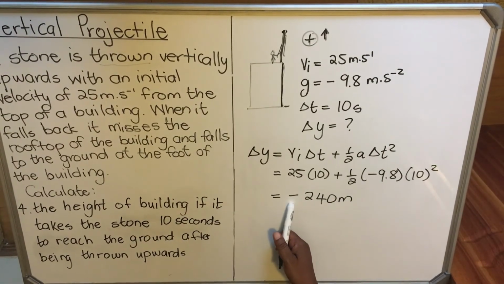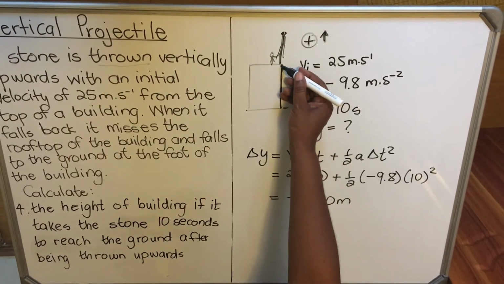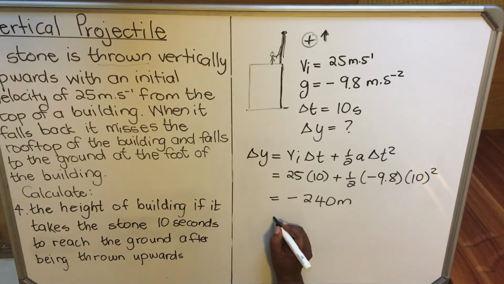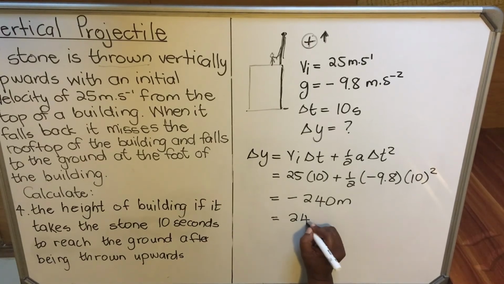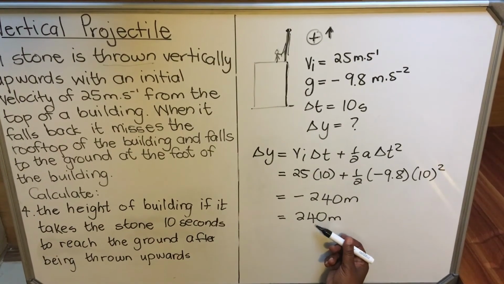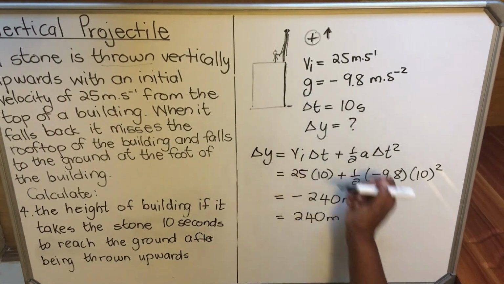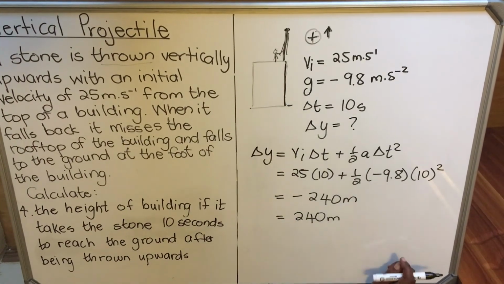So what does negative mean? It means down. So it means from there going down is 240 meters. So the height of the building is 240 meters. Because it's displacement, the 240 means it's from there to there, so you don't have to say downwards. So it's 240 meters. The building is 240 meters long.